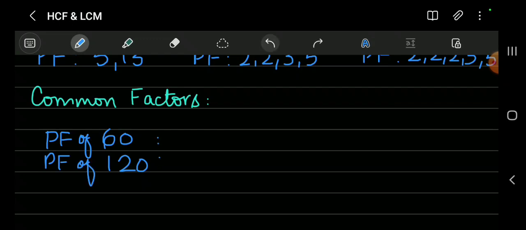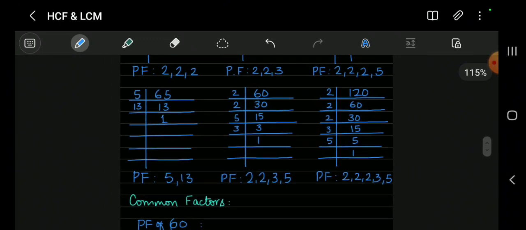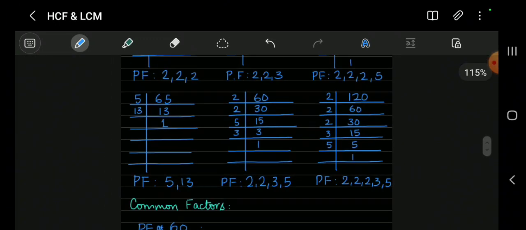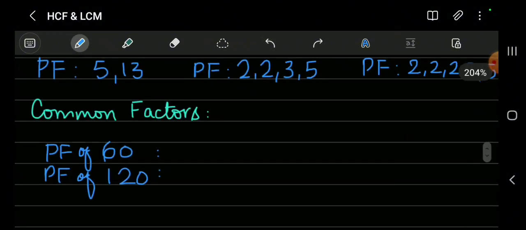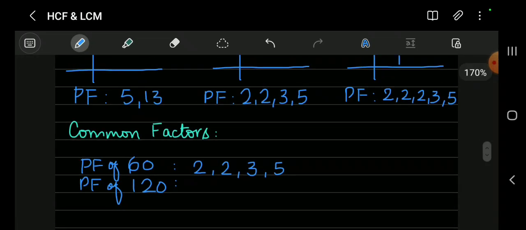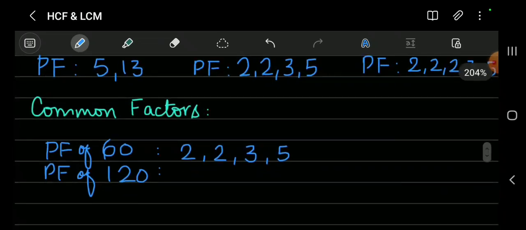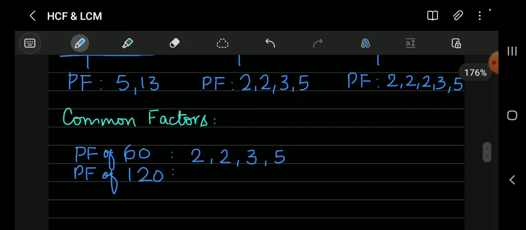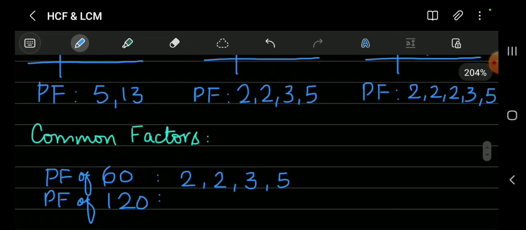Prime factors of 60 are 2, 2, 3, 5. You can find it by any method, by tree method or by division method, and you will write them down. And the prime factors of 120 are 2 three times, and 3, 5.